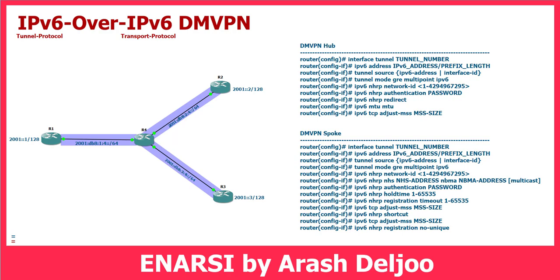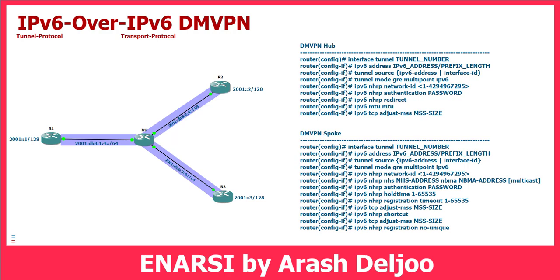Actually, we have multiple options. Because of that, we can say that DMVPN supports the use of IPv4 and also IPv6 as the tunnel protocol or the transport protocol in the combination that is required.